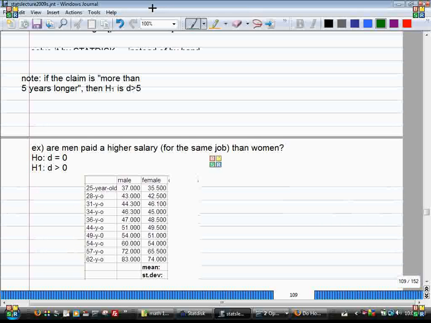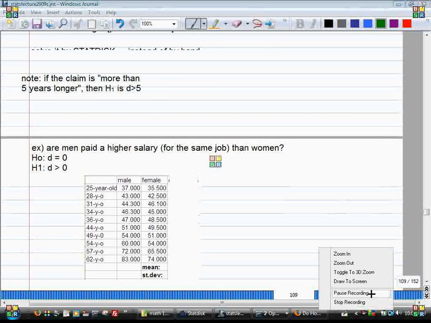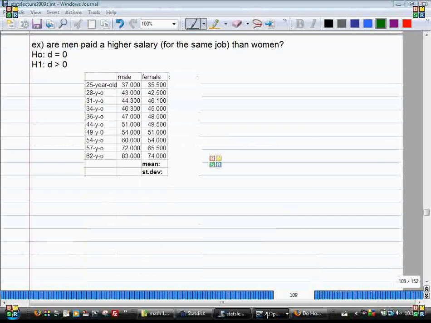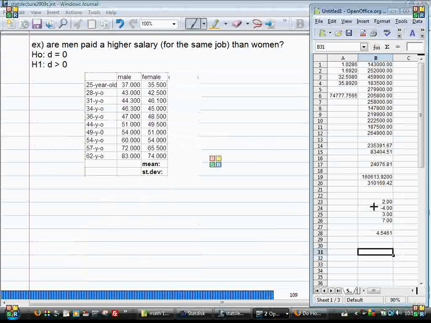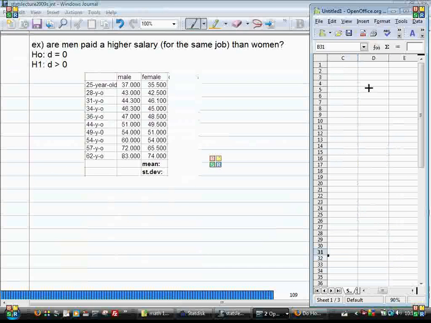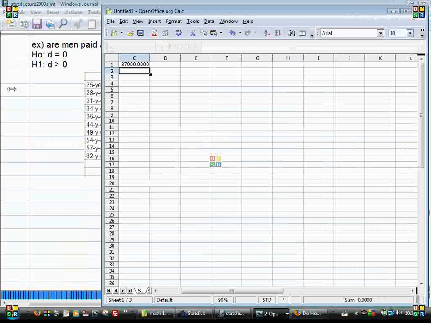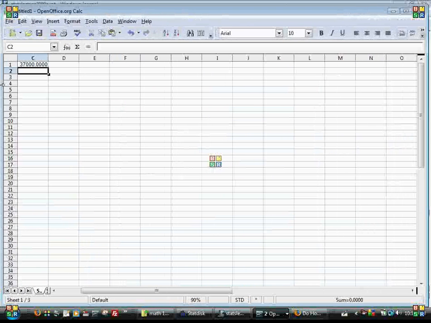Okay. So here's your data. Now, I'm going to show you a little bit of a shortcut for getting through this. 37,000. Oh, alright. I don't need all those decimal places. Let me fix that.